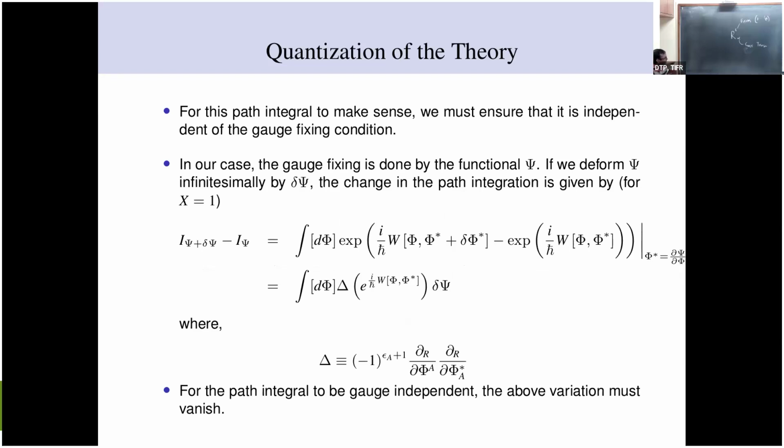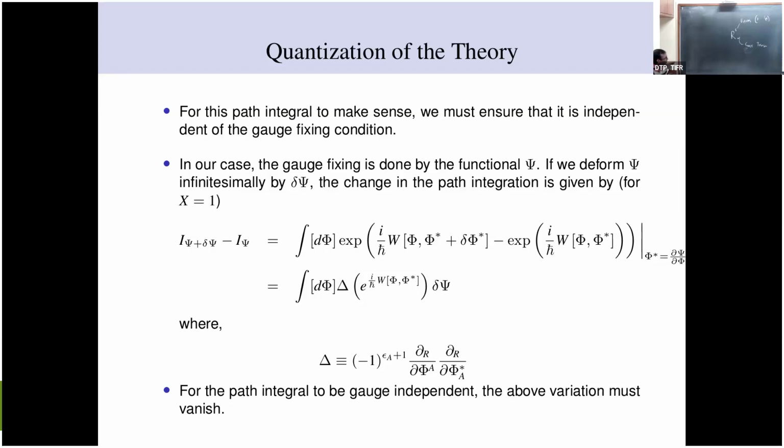Since this gauge fixing is done by the functional psi, suppose you deform psi by an infinitesimal amount delta psi. Then the change in the path integral would be given by this: I of psi plus delta psi minus I of psi. I'm setting X equal to 1, so just the normal partition function. Since delta psi is infinitesimal, you just do an expansion.